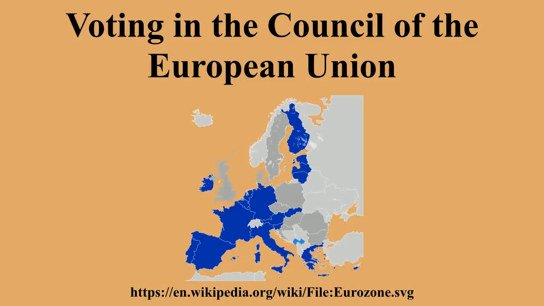Note that the Lisbon rules eradicated the use of artificial voting weights. This move, first proposed in the Constitution, is based on the size of populations and, at the same time, acknowledges the smaller member states' fears of being overruled by the larger countries.